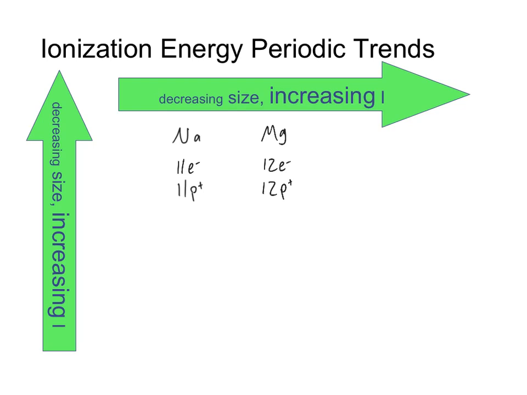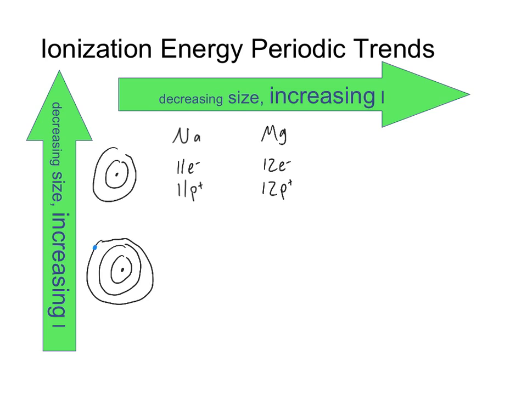Now let's think about what happens as we're moving up a group. If we're going, for instance, from a sodium atom to a lithium atom, sodium is going to have its outer electrons out in the third Bohr shell. Lithium, on the other hand, is going to have its outer electrons only in the second Bohr shell.